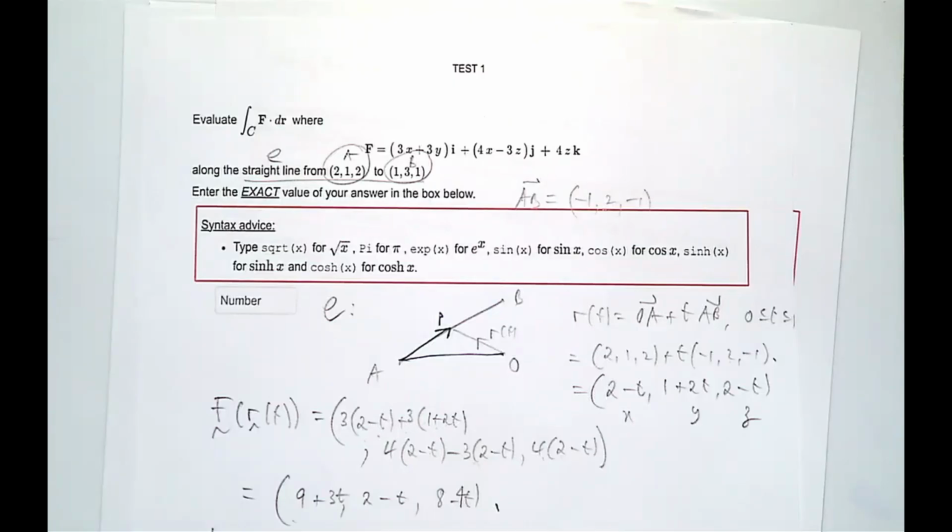Once you've worked out your parameterization, you want to evaluate your vector field along it. So basically replace x, y, and z with your t expressions, and then you get some vector field all in terms of t.